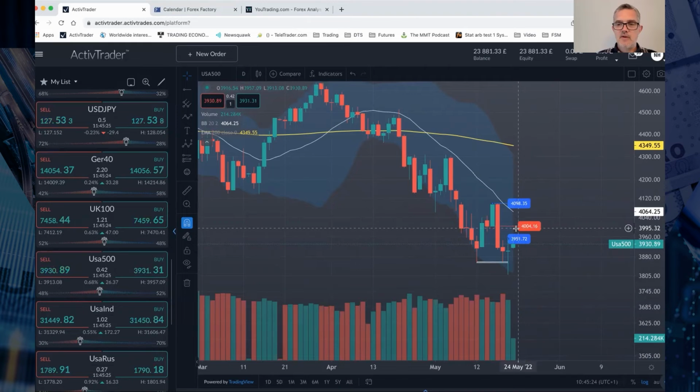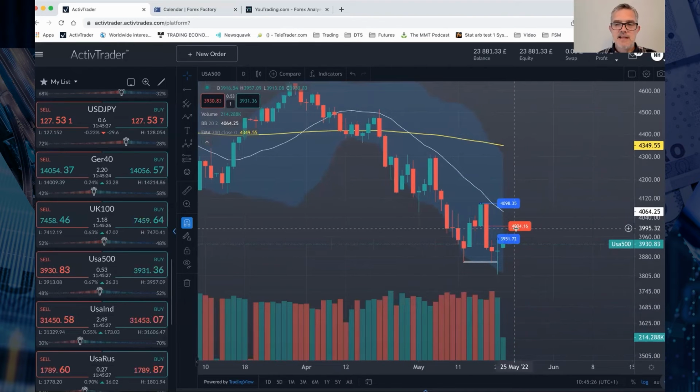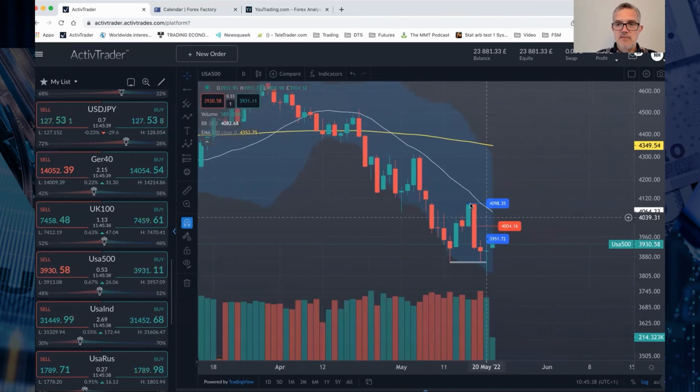Obviously, come FOMC meeting minutes on Wednesday, if they come out with some new information and we're not above this 4,000 level, then that could act as resistance. Same with the PCE. But I am expecting to see essentially a break above 4,098 and then come and hopefully test this double top, where it's even more than a double top now, is several equal highs up here where I think there's going to be a lot of liquidity.